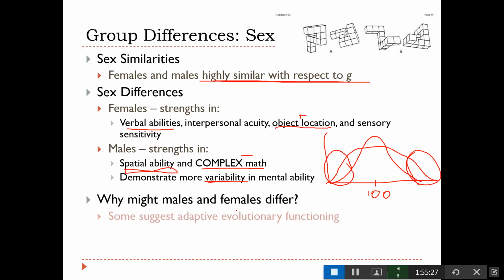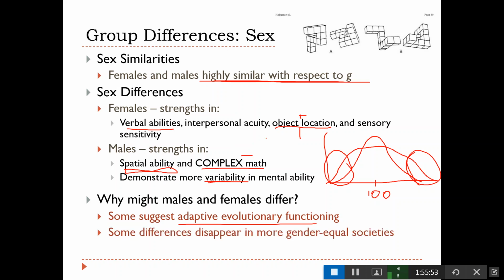So some people, again, suggest that there's an adaptive evolutionary function to these differences, like what was more important to women versus men back in our evolutionary past. And so this is why we see these trade-offs. You should avoid thinking about it as people being better or worse, right? It's more about trade-offs. Women are better at object location, whereas men are better at spatial abilities on average, typically.